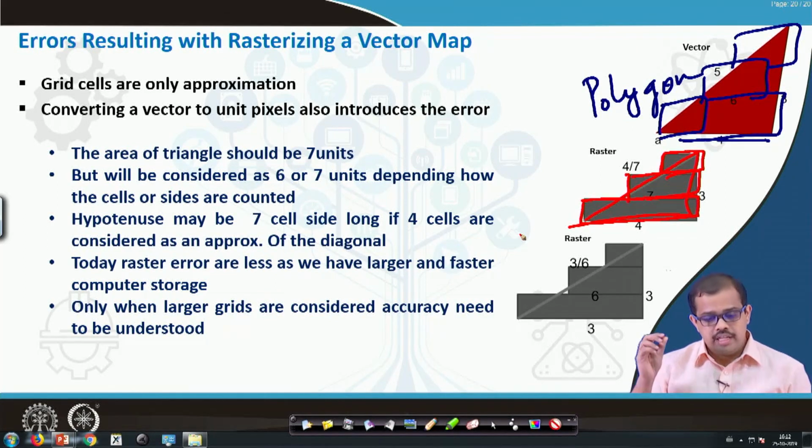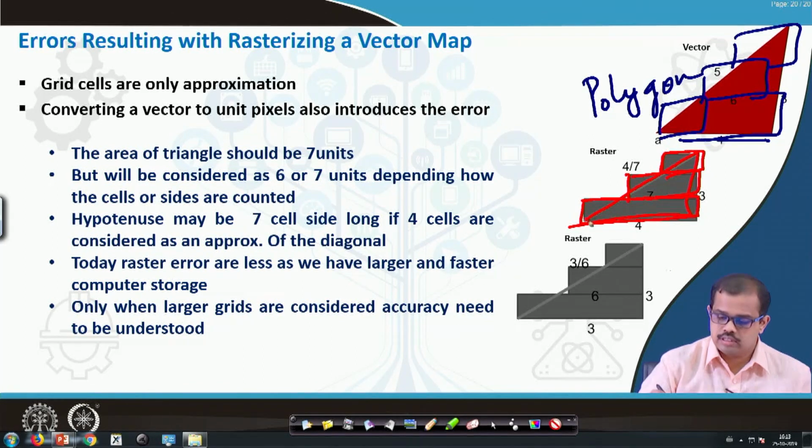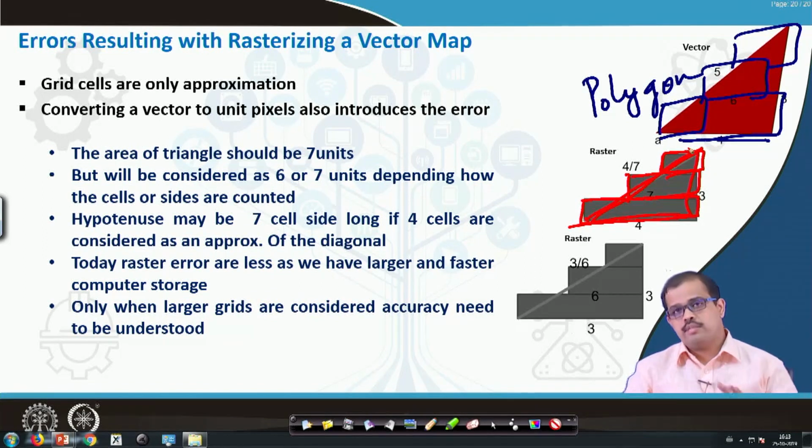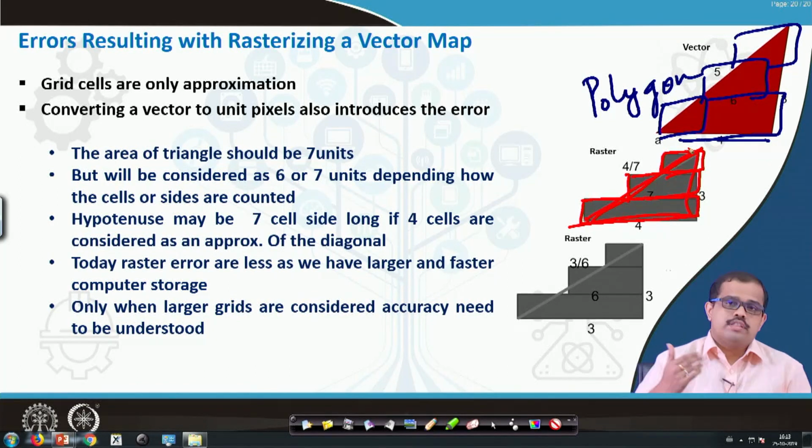When we are looking at any area, we may consider it as 6 or 7 units depending on how the cells and sides are counted in this triangle. When you look at the hypotenuse, you may have 7 cell sides long if 4 cells are considered as an approximation of the diagonal. Otherwise, if you consider it as 3 cells, then you may look at it as at least 6 cell sides. So this is the approximation error that you may get in a raster map.